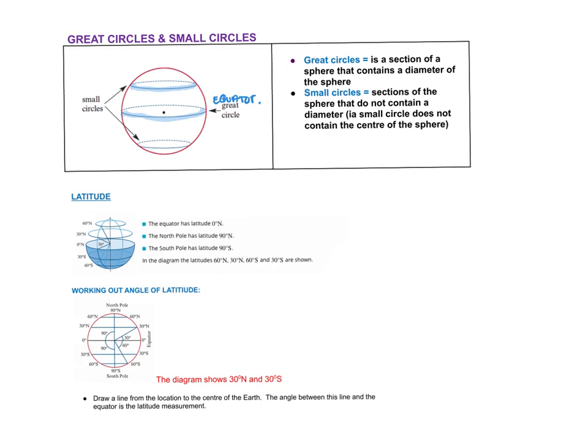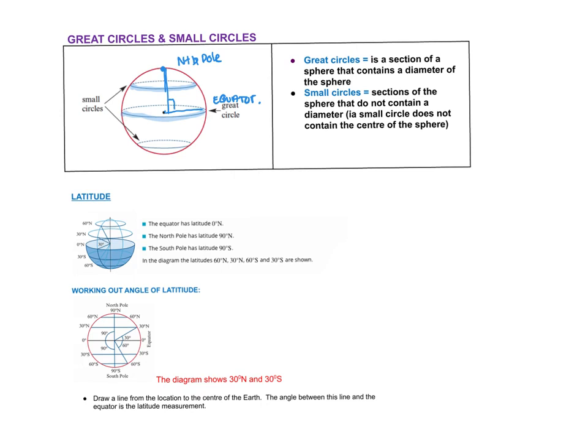So say we're up at the North Pole, up here, what they're going to say is it's on a latitude of 90 degrees north. If you draw a line along this equator and you go up to the circle, you can see you're 90 degrees.